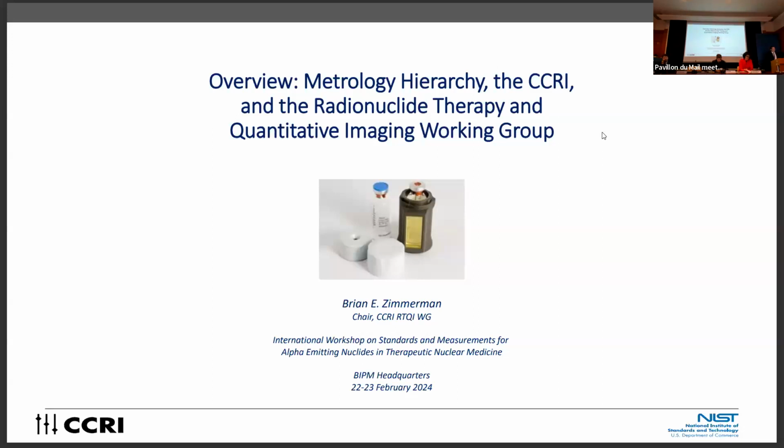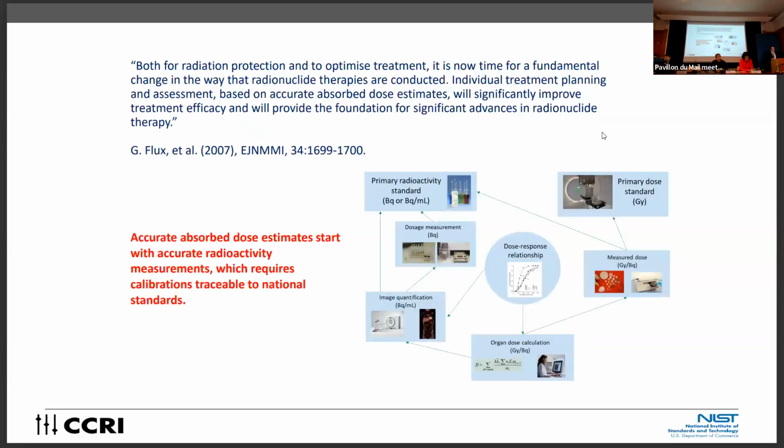They will generally deal with the metrology side of things, and in particular, primary and secondary standards, how those get distributed, and how we maintain and, in the first place, establish traceability for radioactivity measurements in nuclear medicine.